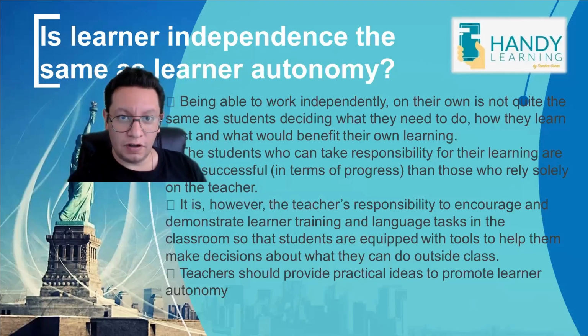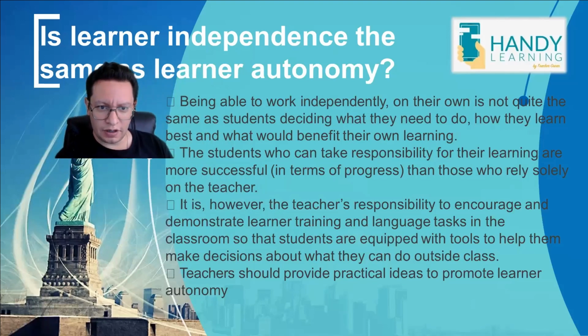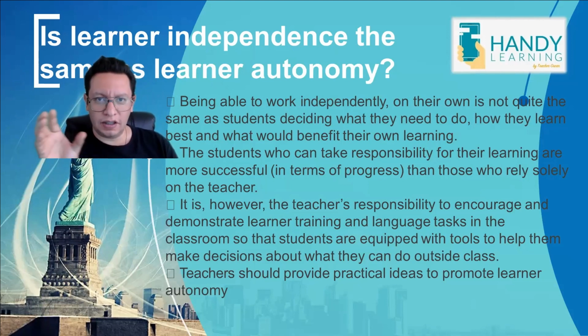What's the difference of being an independent learner from being an autonomous learner or a responsible one? Basically, the difference is as follows. A dependent learner is one who is waiting and expecting to receive all information from the teacher.